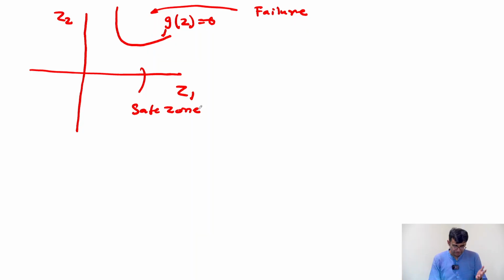But now, in FORM, what are we doing exactly in this graph? We are finding the minimum distance, the point on this curve which is nearest to the origin, and then at that point we are doing a first order approximation. That is what we are doing essentially.